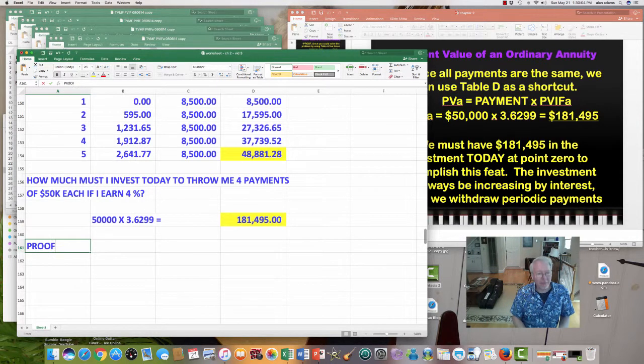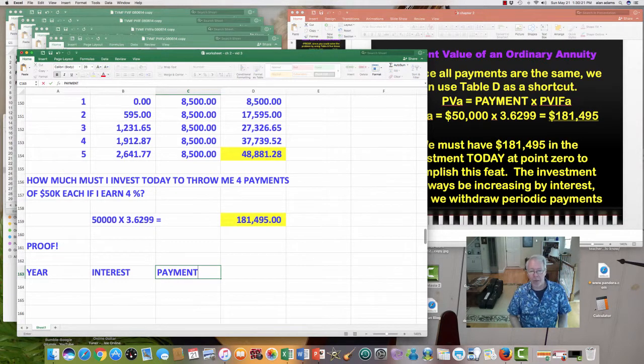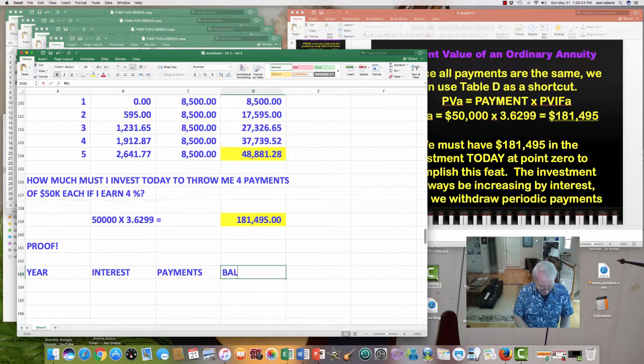So let's do a proof. I remind you, I will not require you to do a proof, but I encourage you to try them. Okay, I'll list the year first, then I'll list the amount of the interest in the next column because our money will always be working for us. Then I'll list the payments, the withdrawals that we will make, and finally I'll show you how our balance is running down.